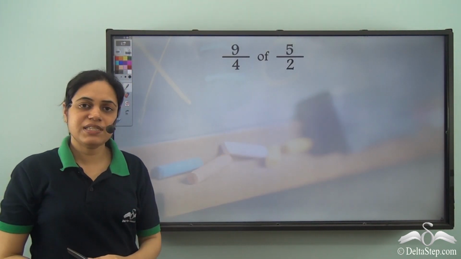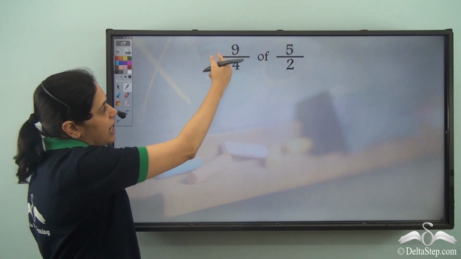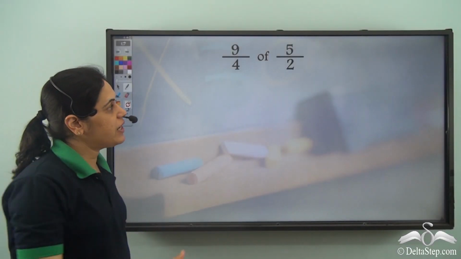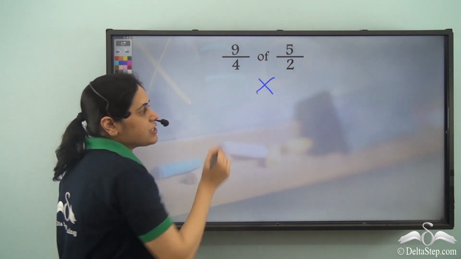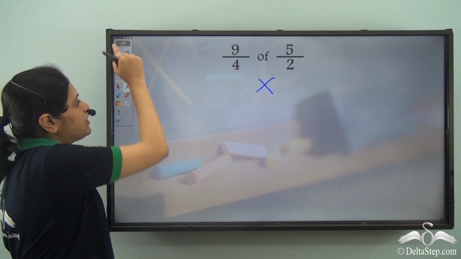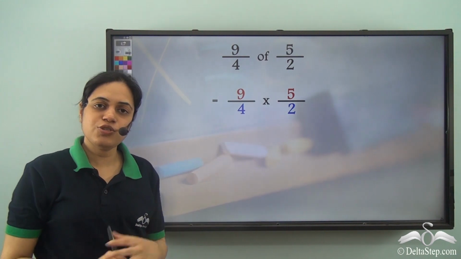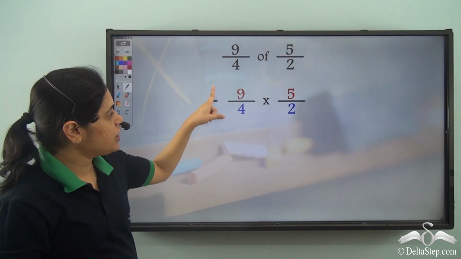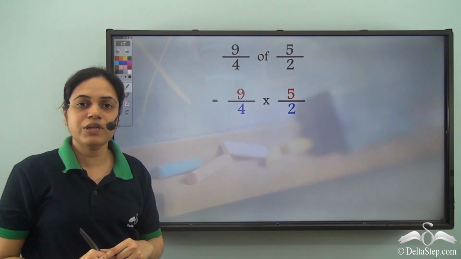So now let us multiply these. 9 by 4 of 5 by 2. Now of can be written as multiplication. So I can write this as 9 by 4 into 5 by 2. Now when I need to multiply two fractions, I need to multiply the numerator with the numerator.